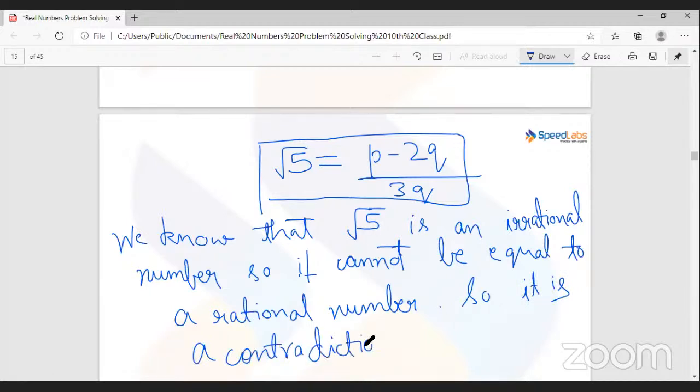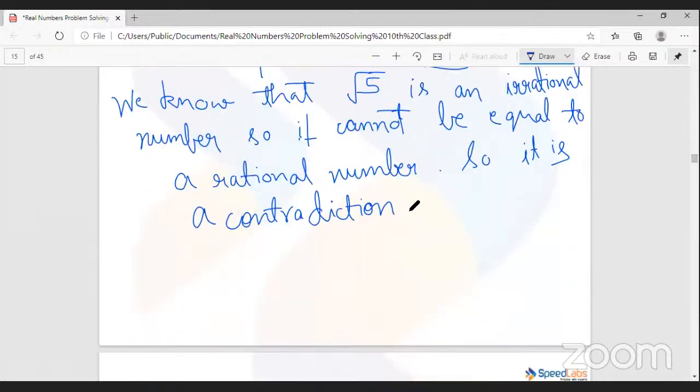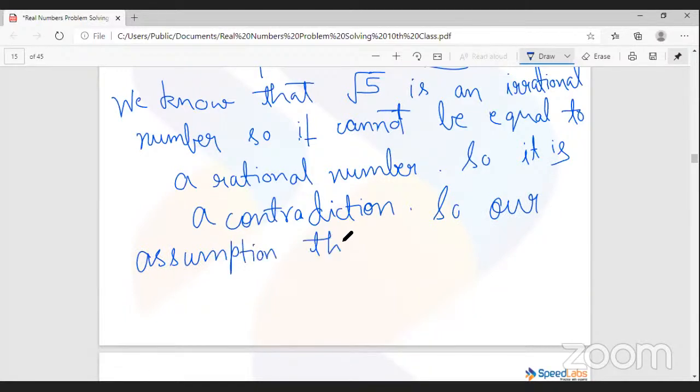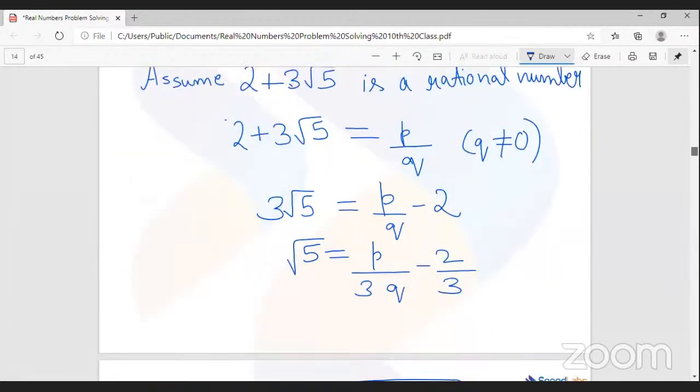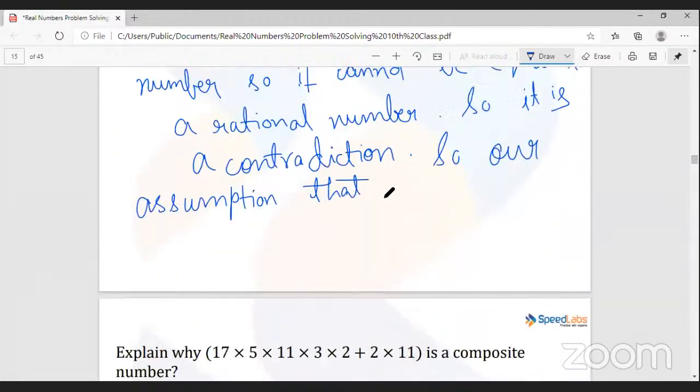So if it is a contradiction, then what we assumed was wrong. So our assumption that the number 2 plus 3 root 5 is a rational number is wrong.